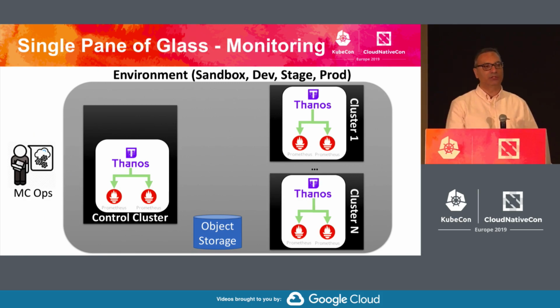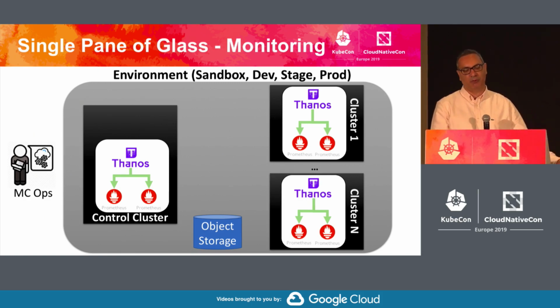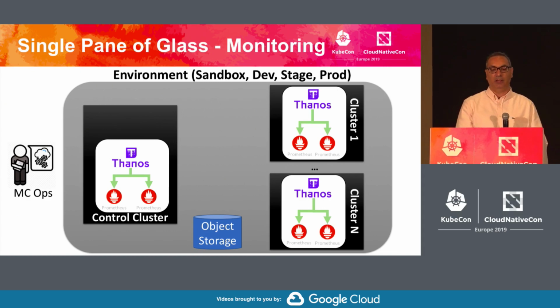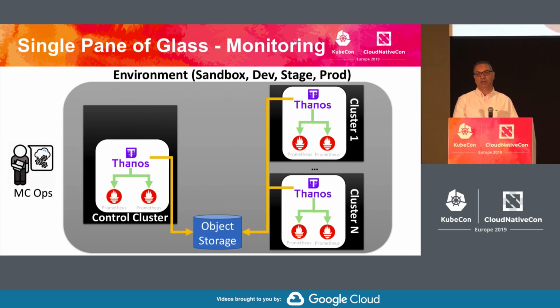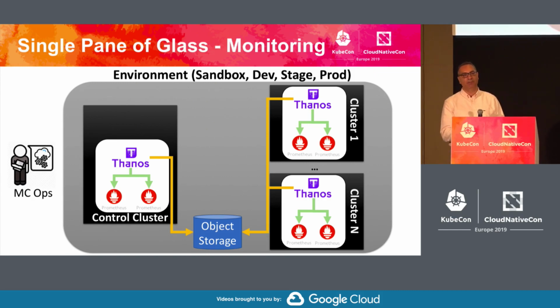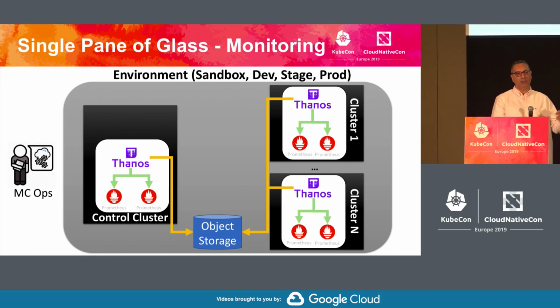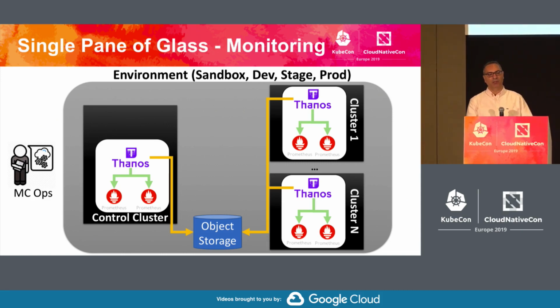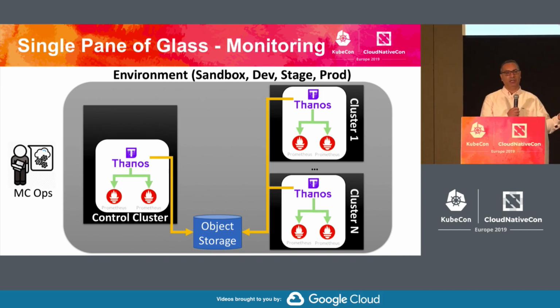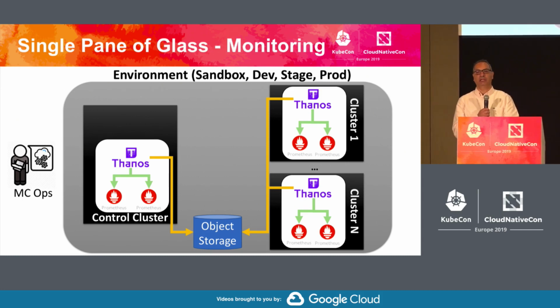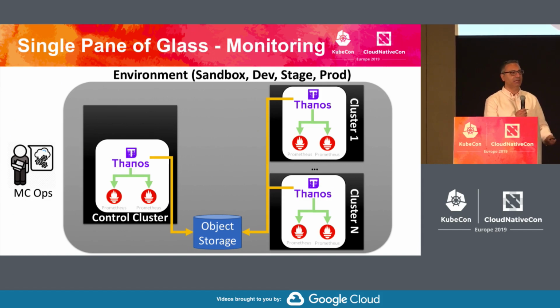They will scrape data from Prometheus, which scrapes from everything else, and then they're going to send the data to our object storage. In doing that, you can also change the retention, and you can downsample your data. In that way, you have the ability of retaining longer data for analytics later on.